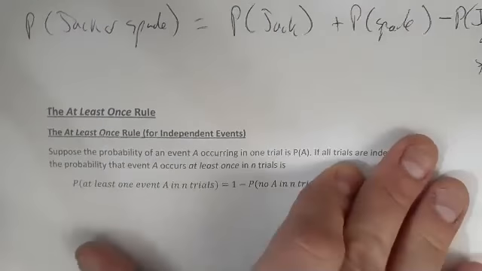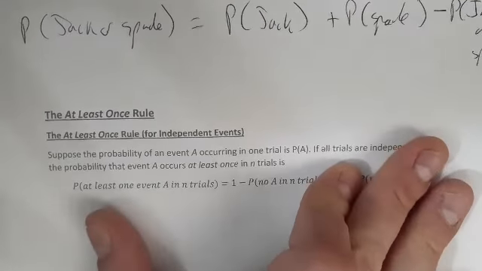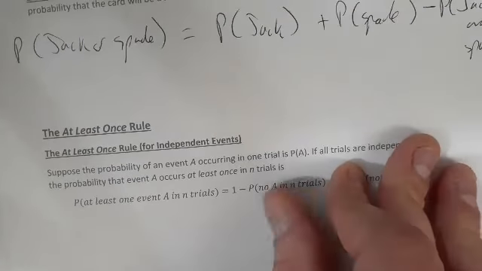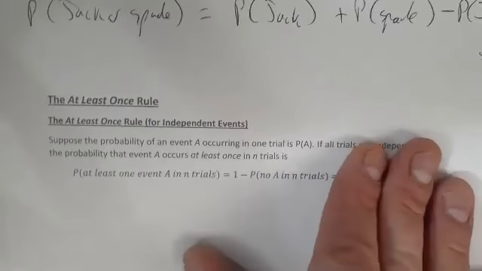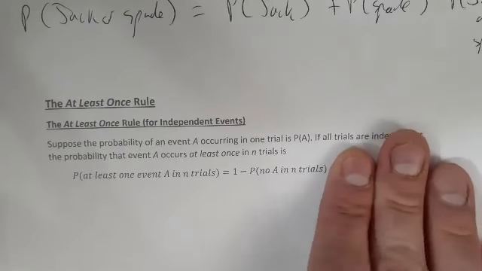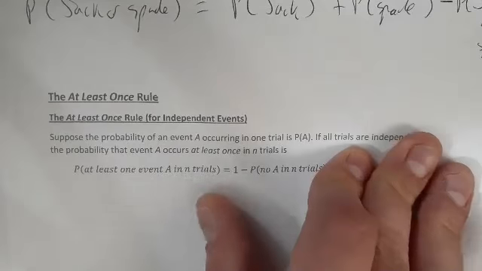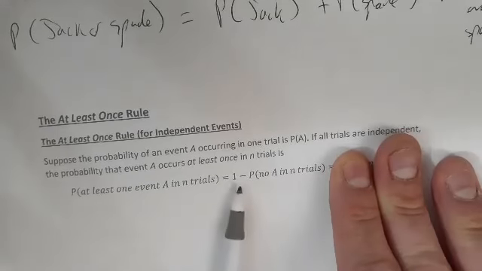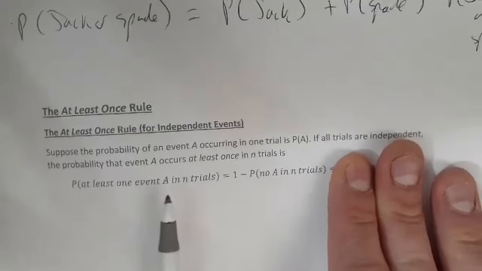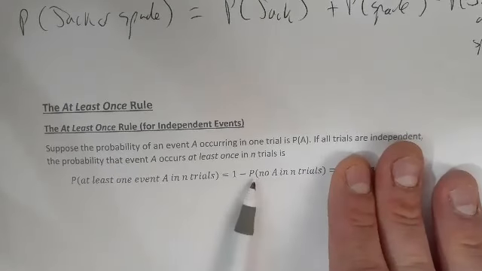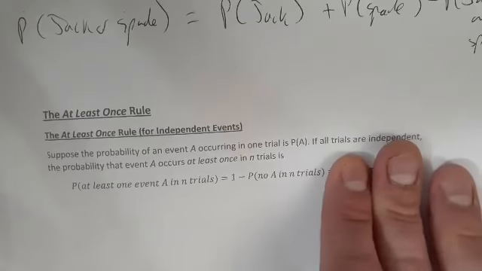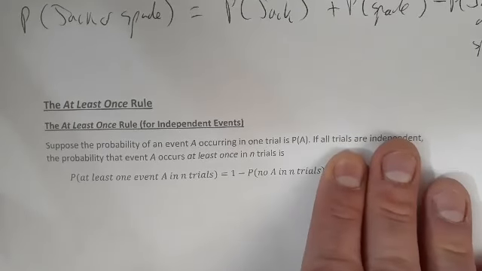If we add up A happening at least once with no A's happening, it's either not happening or it's happening one or more times, right? And so if we add these two things up, it equals 1. So if I want to think about the opposite of that, if I subtract this from 1, I should be getting to this. So that is where they're getting this property from right here.